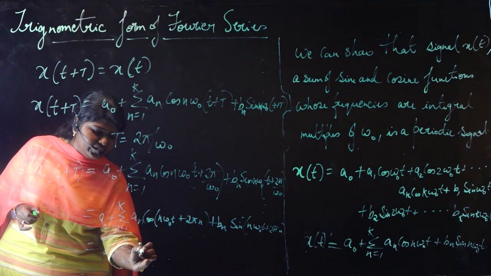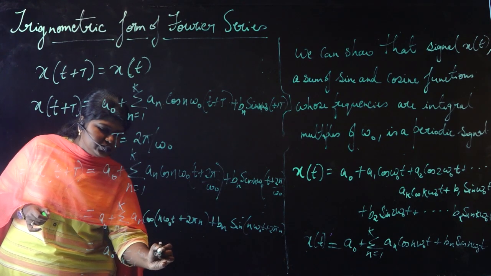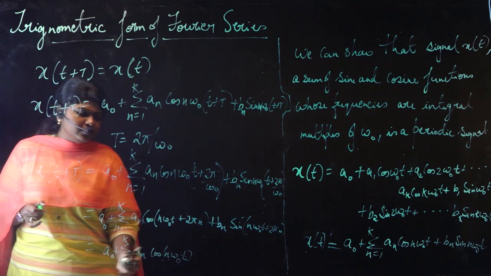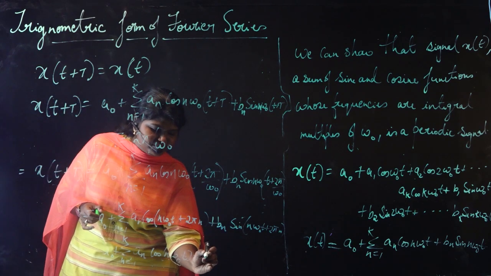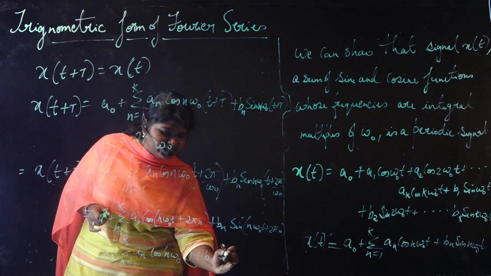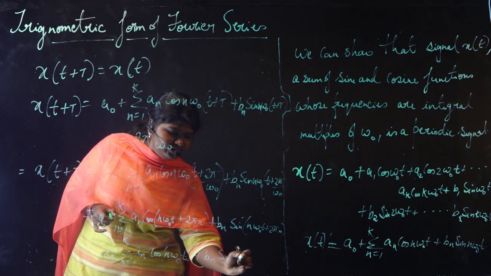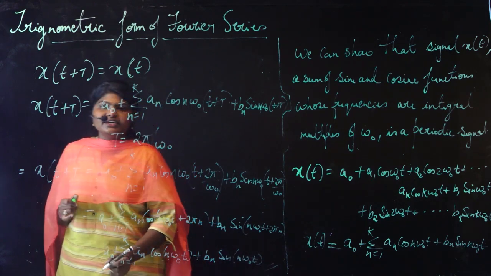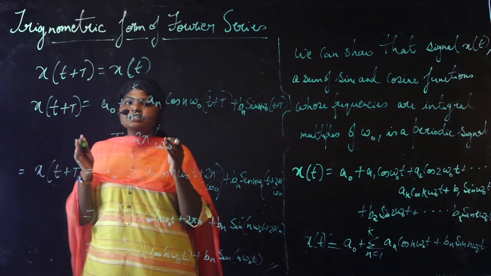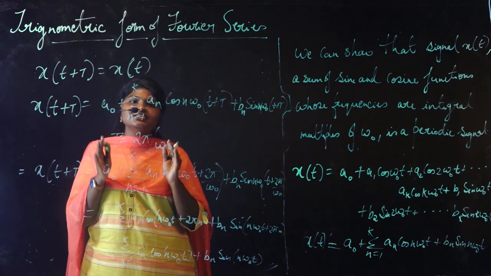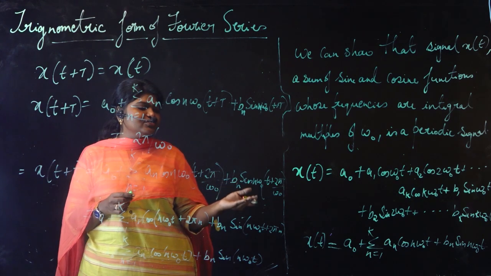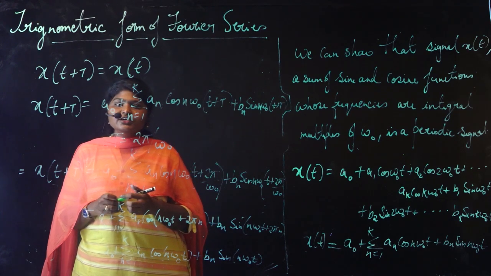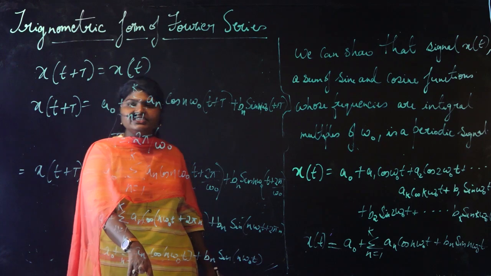So this will be aₙ cos(nω₀t), from the basics, plus bₙ sin(nω₀t). Okay, so the periodicity is justified in the x(t) expansion.